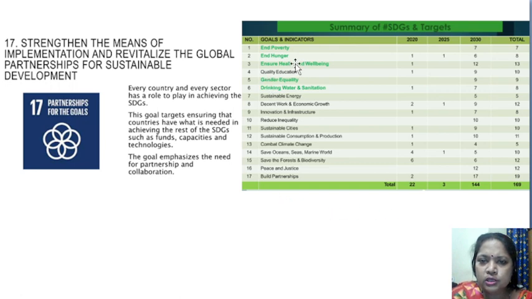Out of which by the year 2020 we had to complete 22 targets, within 2025 another 3 targets, within 2030 144 targets. Okay, so when we sum up, it should be 169 targets.